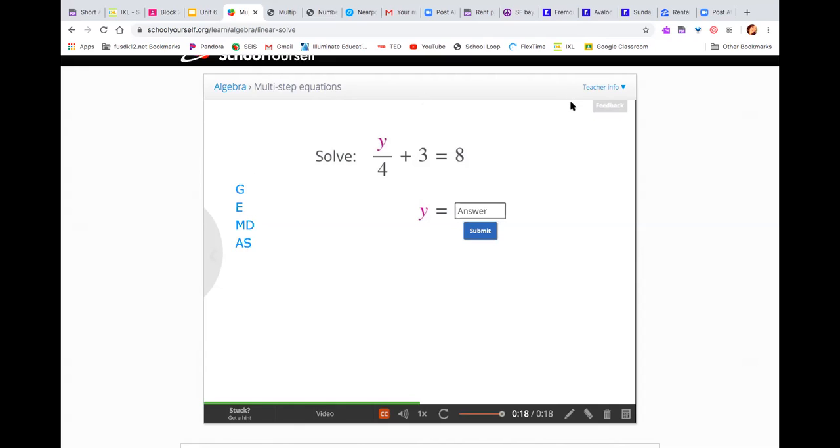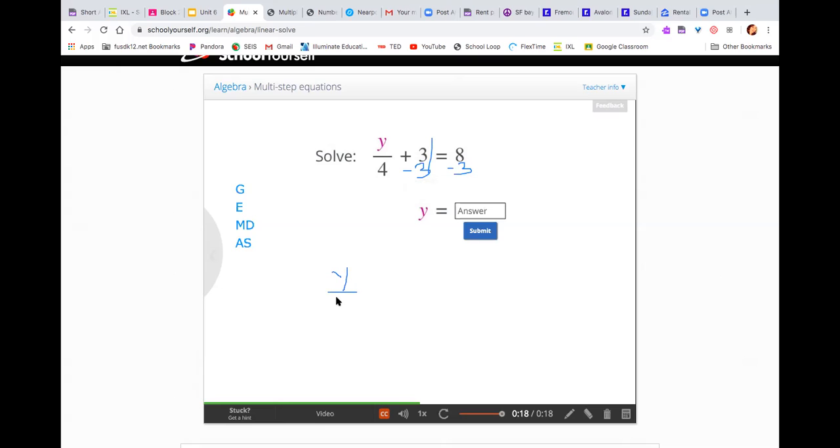Right? And remember, the guy on the video said, just do it step by step. And that's exactly what we're doing. We're doing it one step at a time. So minus 3 on both sides. Cross that off. I'm going to rewrite our equation for us.